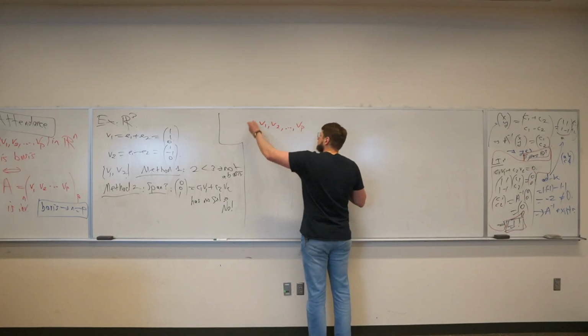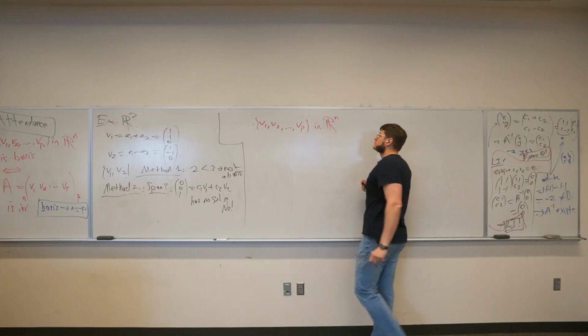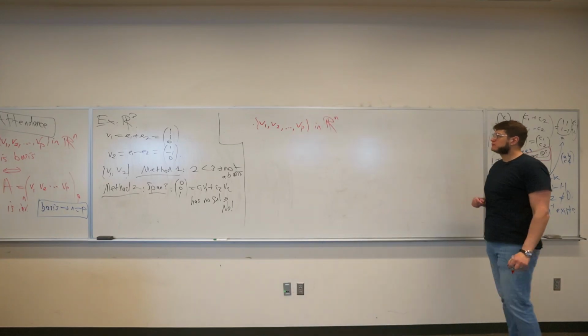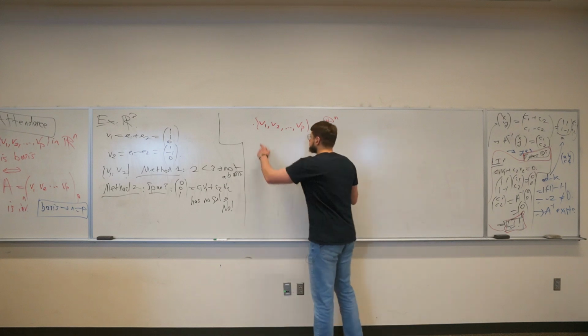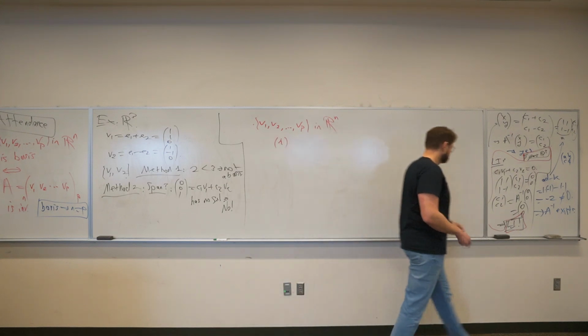If I have p vectors in Rn, okay, so we have 3 cases. So 1, 2, 3.